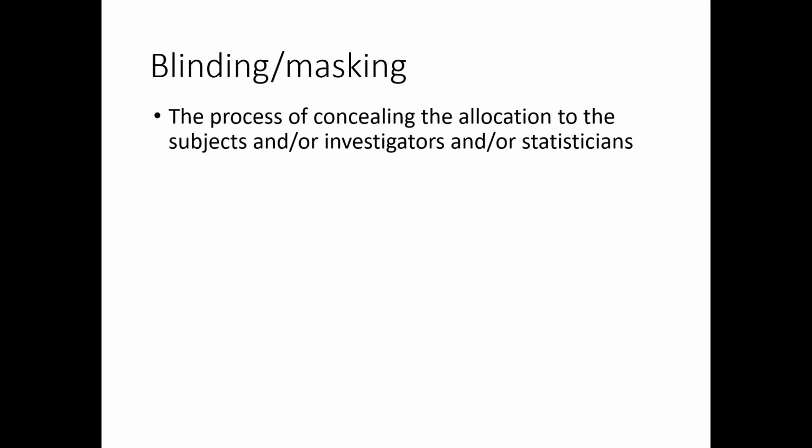Sometimes you cannot blind the person who gives the intervention, but you can blind the person reading the information. In your case, Tali, you can't blind the investigator, but you can blind to some extent the participants. Of course, they will know whether they're running or not.